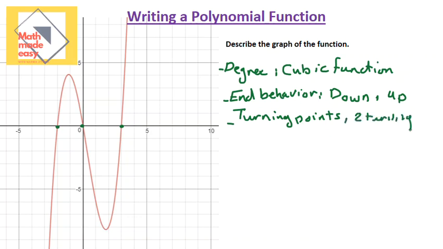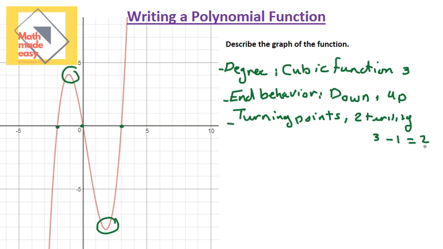Now, the number of turning points at most is always less than the degree by 1. So if the degree here is 3, then the number of turning points is at most 3 minus 1, which is 2. So we can tell how many turning points we have from the degree of the function.